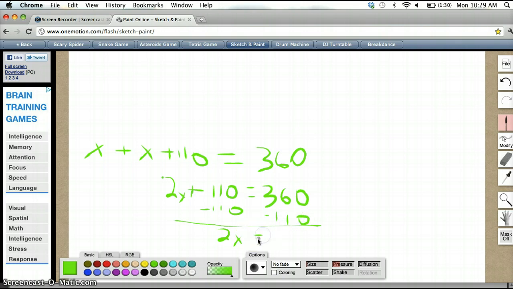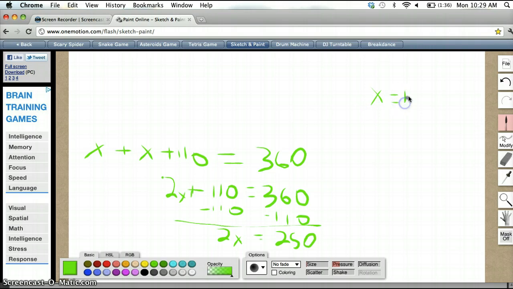Then we divide both sides by 2, and x is equal to 125.